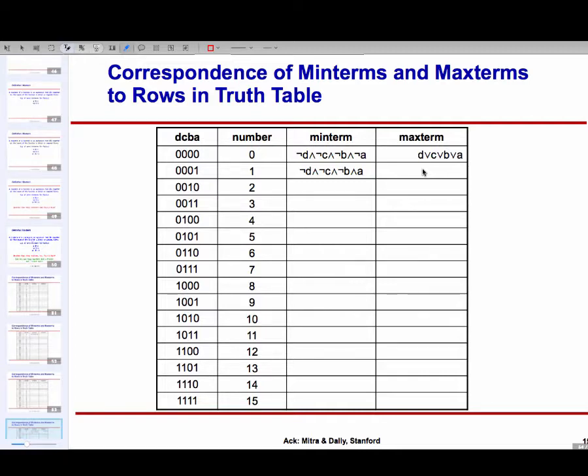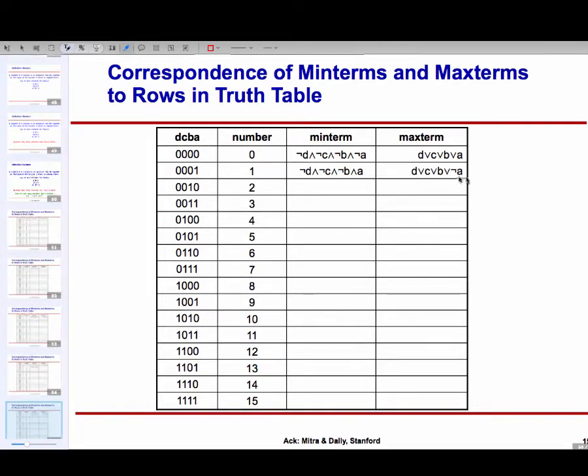So remember, for max term, the rule is if it's a 0, then it's non-complemented. If it is a 1, it is complemented, and otherwise you're using OR. So anyone, what would be the max term? So it would be what? Spell it out. D or C or B or not A. Excellent. So it would be D or C or B or not A.